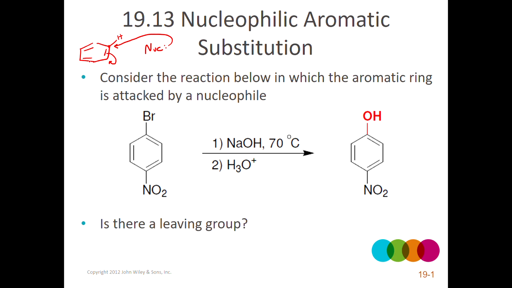And even though there'd be resonance to stabilize that, those pi electrons would sit in a p orbital that would overlap with the adjacent p orbitals. The ring would no longer be aromatic, and the negative charge, even spread out over multiple carbons, a negative charge on a carbon is something that's quite unstable. So that usually won't occur.